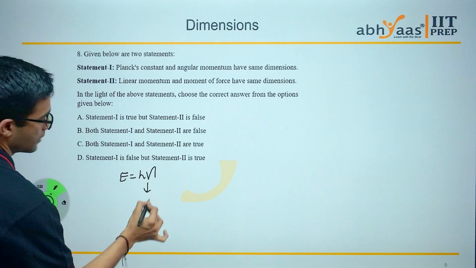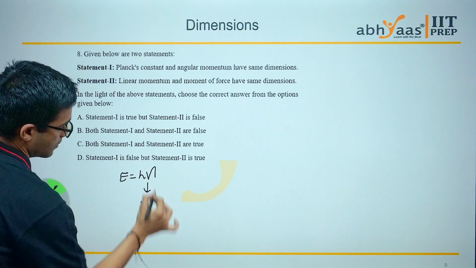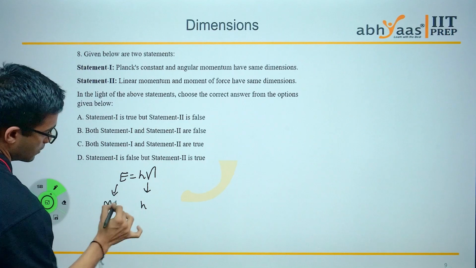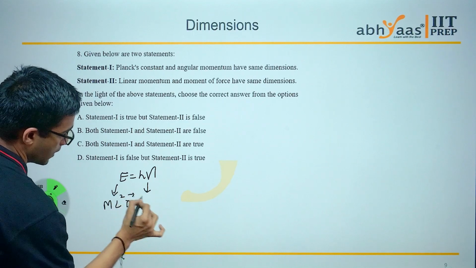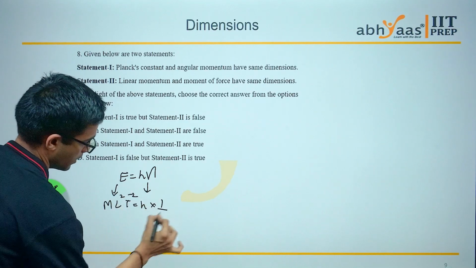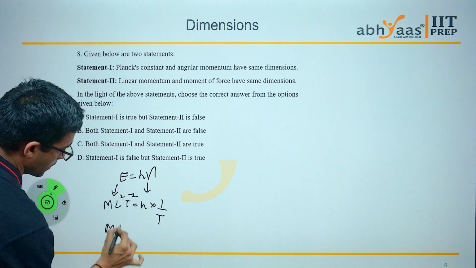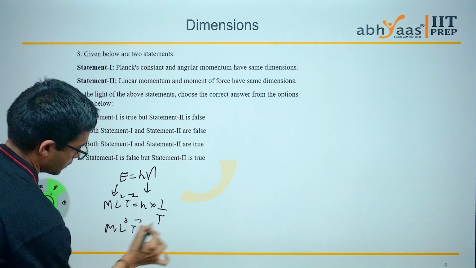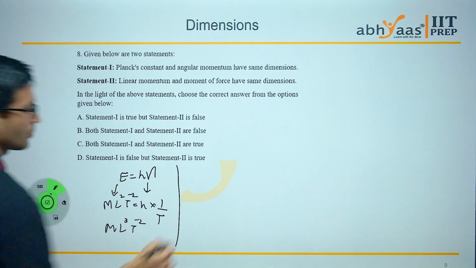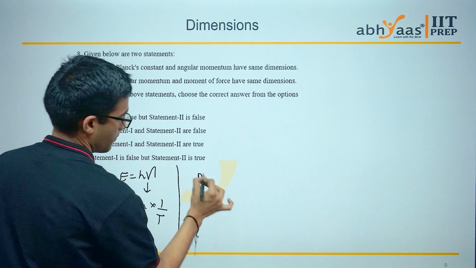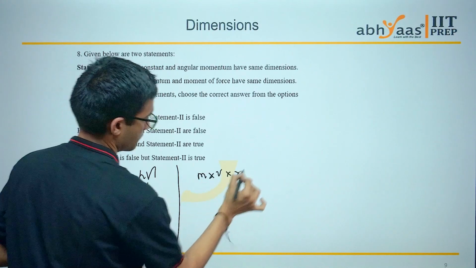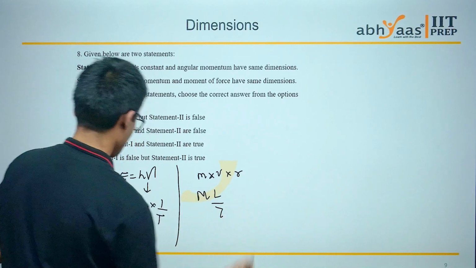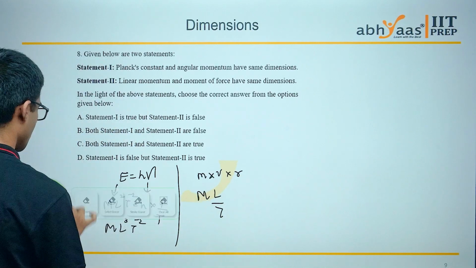So nu is frequency, that is written as 1 by T. Energy you can write as M L square T power minus 2 is equal to h into 1 by T. So what you will get, M L square T power minus 1. Similarly, angular momentum, just now I told, M into v into r. So M L by T. Okay, just I'll tell you.